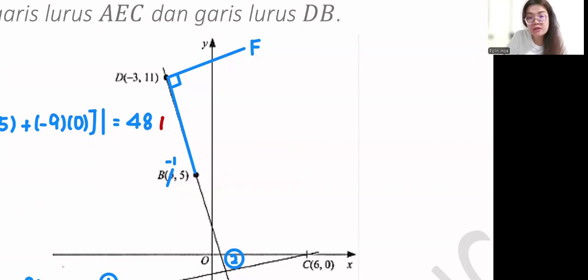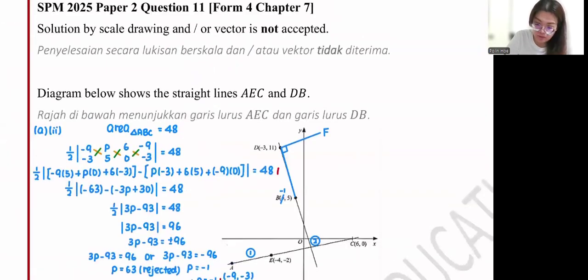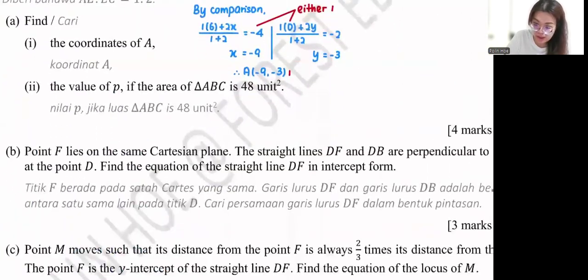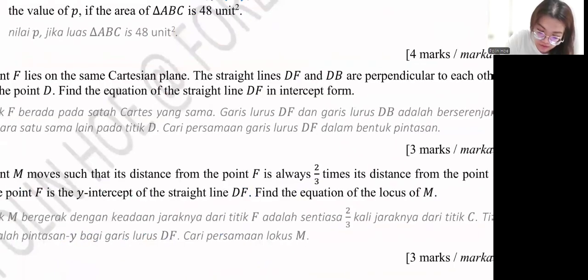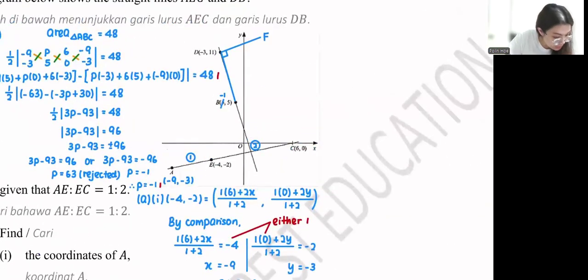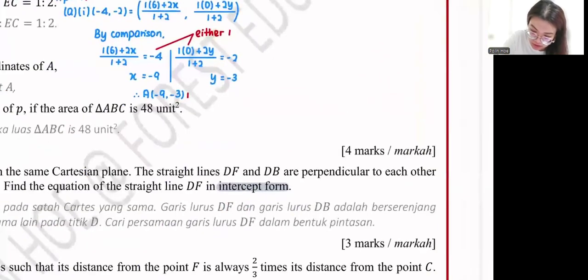in intercept form. In my normal class, I shared with you, there are 3 forms for us to write answers. So last year, they request for intercept form. So let's see what happened this year. 可以哈？好了，要找 equation of DF. Now I know that DF is perpendicular to DB. Highlight 这一个 DF and DB are perpendicular to each other.